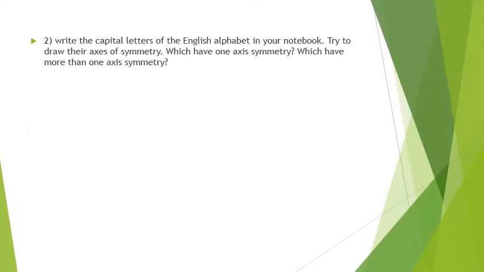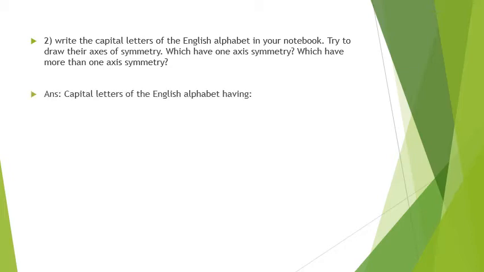Now, question number 2. Write the capital letters of the English alphabet in your notebook. Try to draw the axis of symmetry, noting which have one axis of symmetry and which have more than one axis of symmetry.